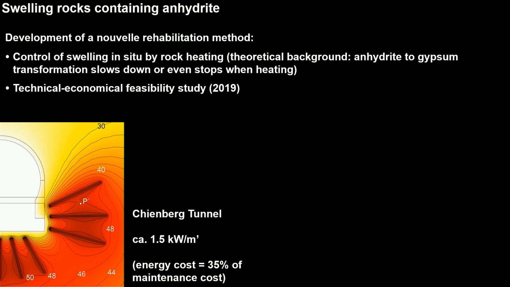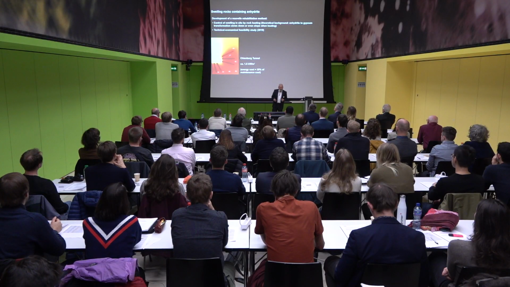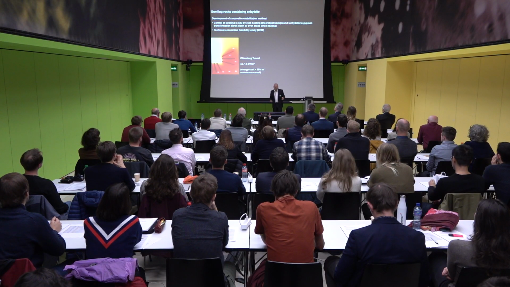I call it artificial ground heating, because it is, in its implementation, quite related to artificial ground freezing. The goal is to heat the ground, not to freeze it, via heating pipes, not freezing pipes.